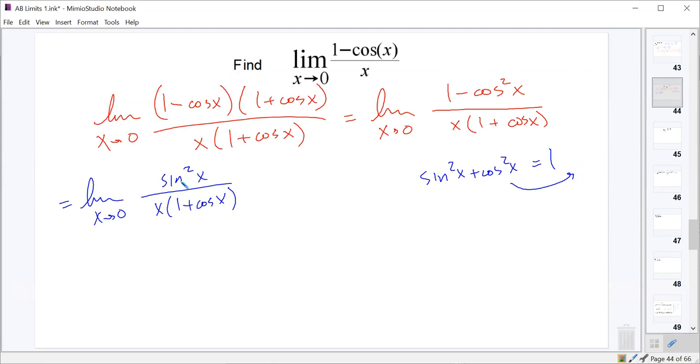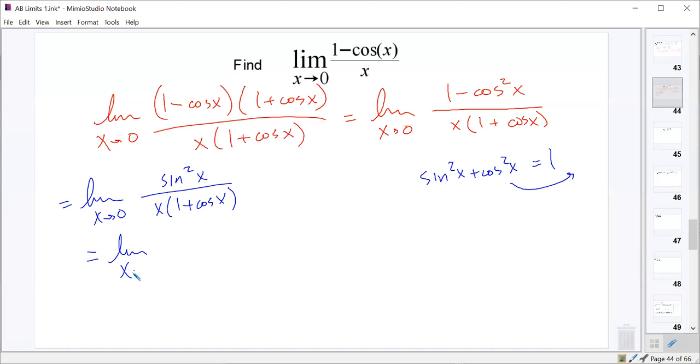So what we're going to need to do is separate this out a little bit. Any ideas on how we're going to separate it? No ideas?